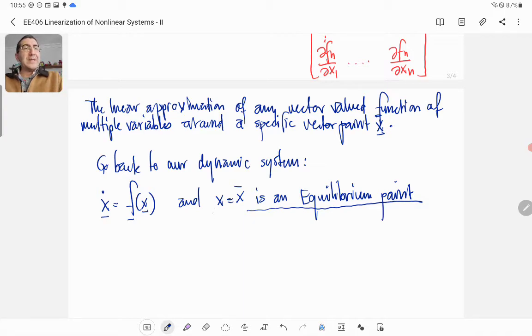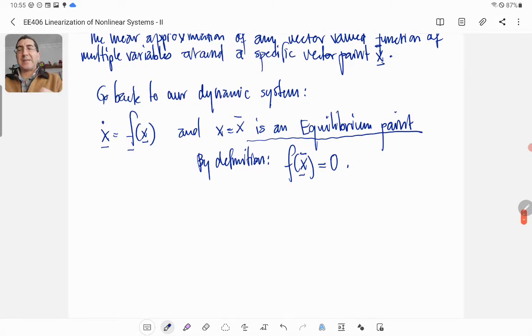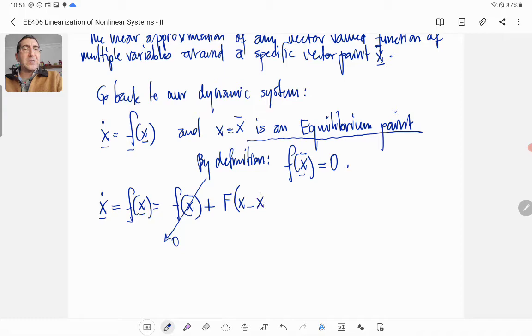What is the advantage of that? By definition, at the equilibrium point, we have f of x bar equal to 0. Okay? So that's a further property of being at the equilibrium point. So what we have with the above discussion is that x dot will be equal to f of x, and that's going to be f at x bar, which because of being at the equilibrium point goes down to 0, plus F times x minus x bar.